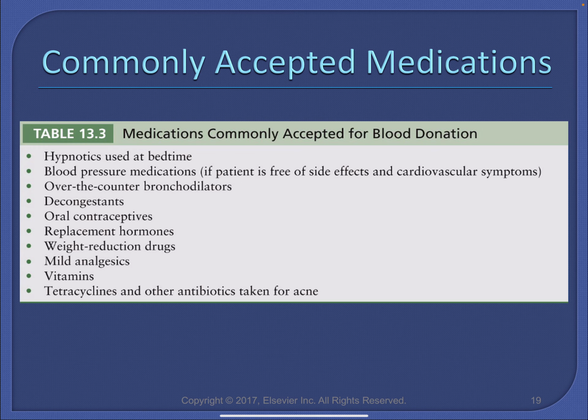Those may temporarily exclude the donors, but just for a certain amount of time. Medications like Proscar, Avodart, Accutane, and Tegison can cause birth defects if they are present at high levels and get transfused into pregnant women. So these are things that we need to know about.